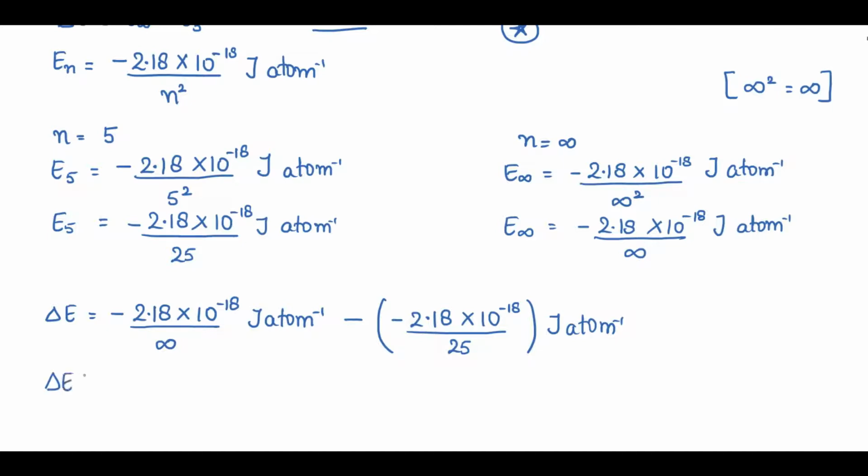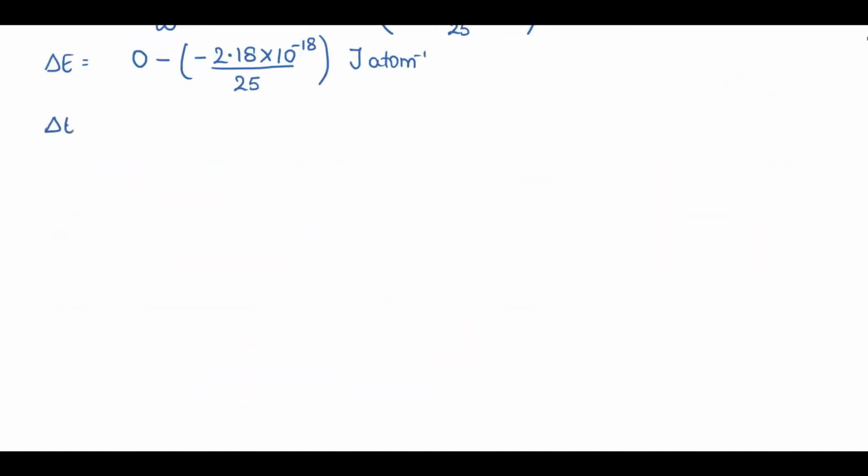So the whole term will be 0. So 0 minus 2.18 into 10 raised to power minus 18 by 25, right? So minus into minus, definitely it will be plus. Delta E equal to 2.18 into 10 raised to power minus 18 by 25 joule atom inverse.